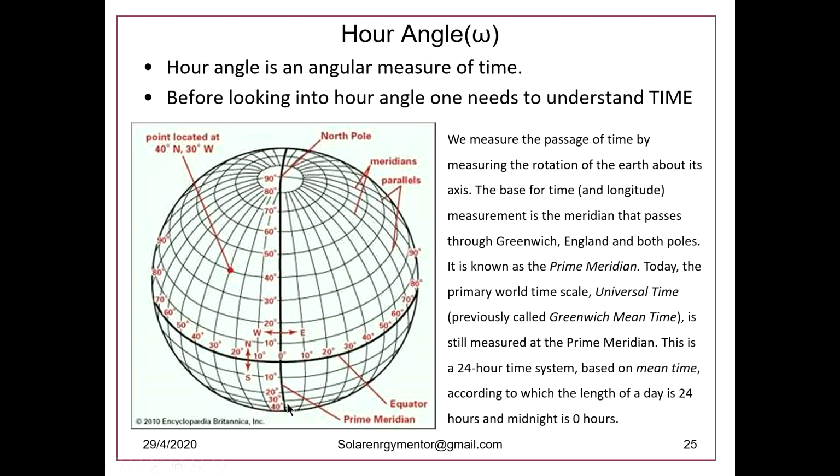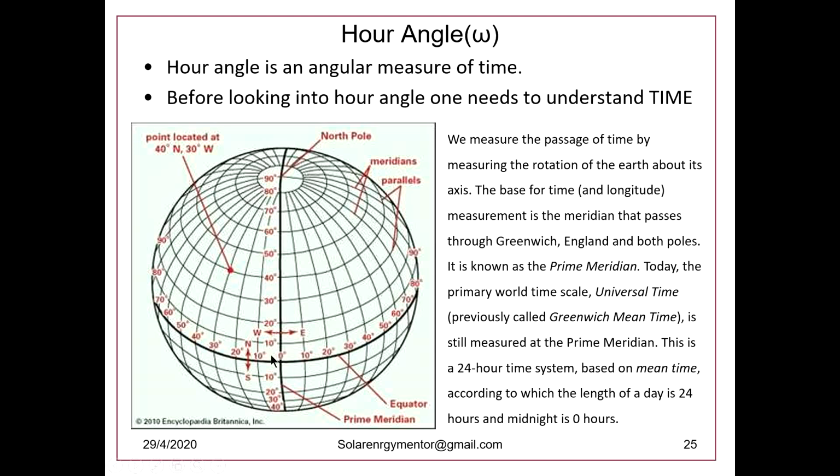You can see here once more the sphere of the earth, in which this is the prime meridian, 0 degree longitude. The longitude on the east side goes on increasing and it extends to 180 degrees. Similarly, on the west side it extends till 180 west.